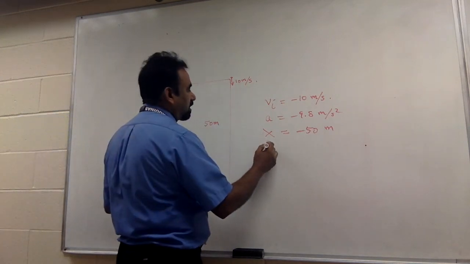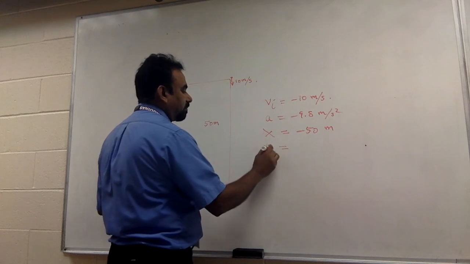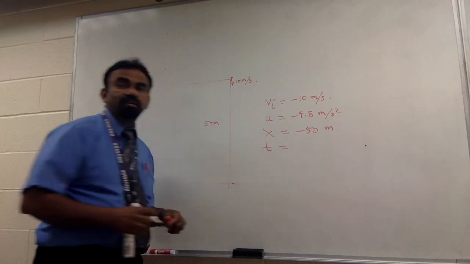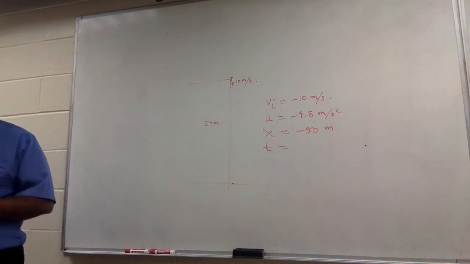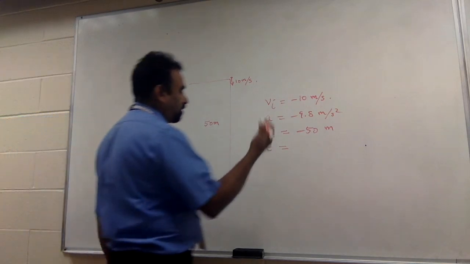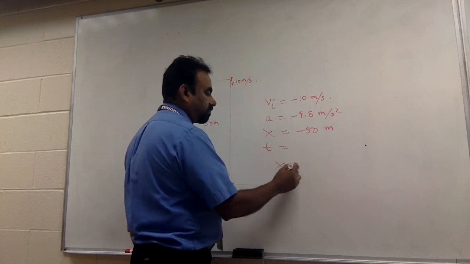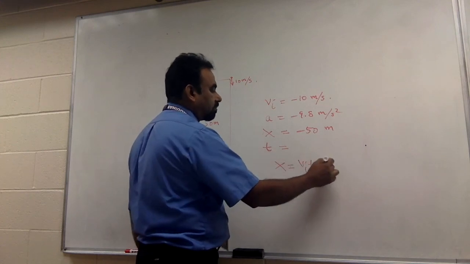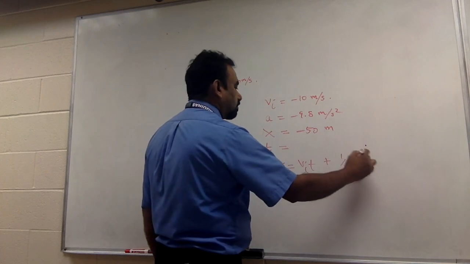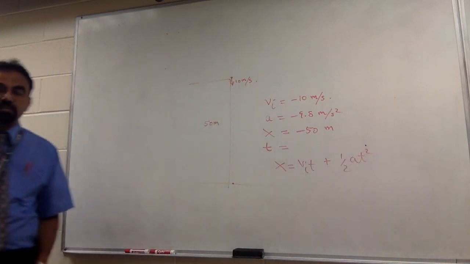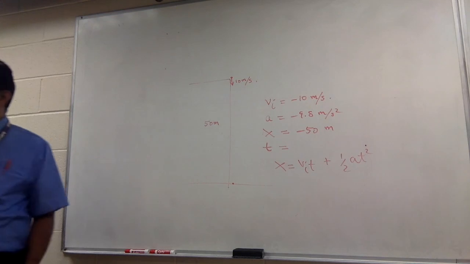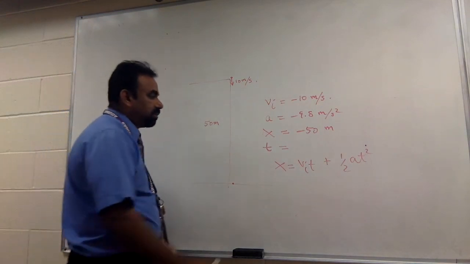And then what is the question asking? For time. Now what is the information that's not there? Velocity final is not there. So pick an equation which does not have final velocity. What's the equation? X is equal to VIT plus half AT squared. That's our equation. Now what do we do?